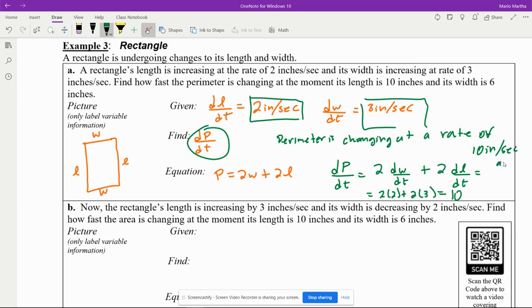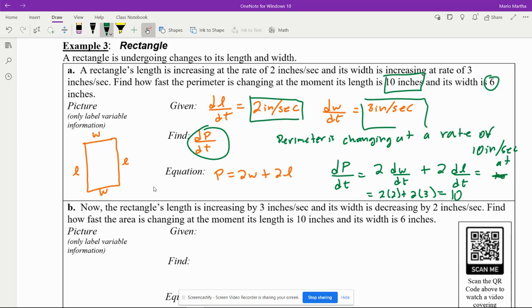There's no t here; it's just at that moment, when the length was 10 and the width was 6. It happens to be 10 inches per second.